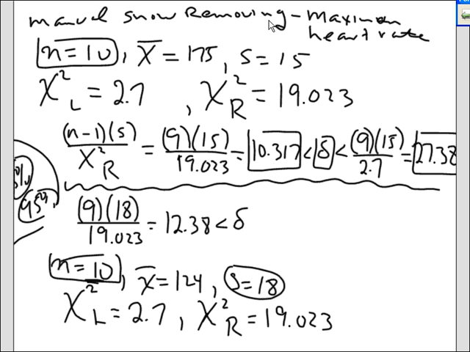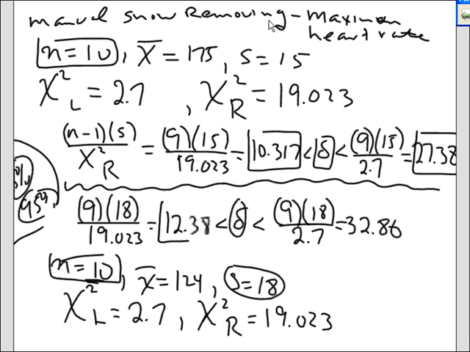That's less than sigma, which is less than n minus 1 times s divided by chi-squared L, which is 2.7. When you do that division, you get 32.86. So the standard deviation is in between 12.38 and 32.86.